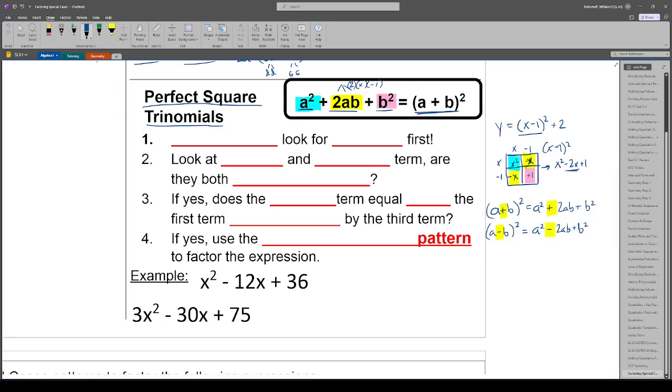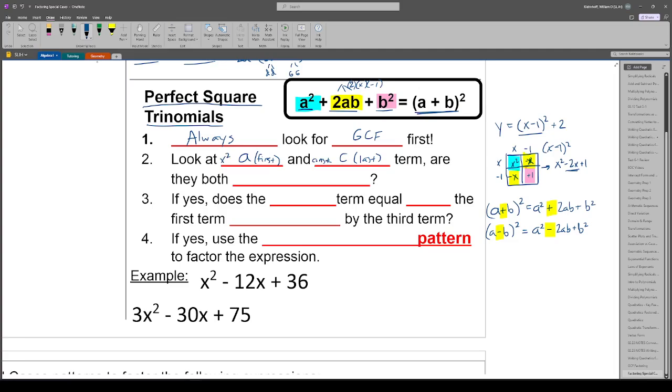Okay, so let's see if we can guess what goes in the blank. Well, we know that step 1, no matter what, is always look for a GCF first. That's always the first step of any factoring process. Next, we're going to look at the A and the C term, which are the first and the last term, or the x squared and the constant term.